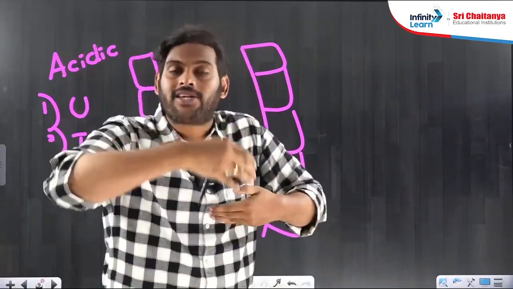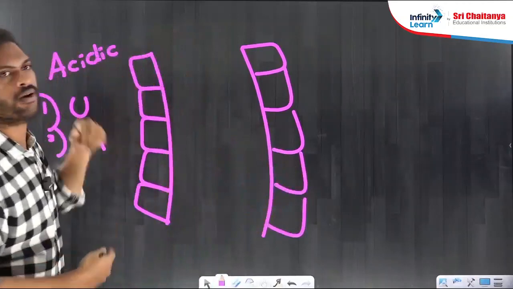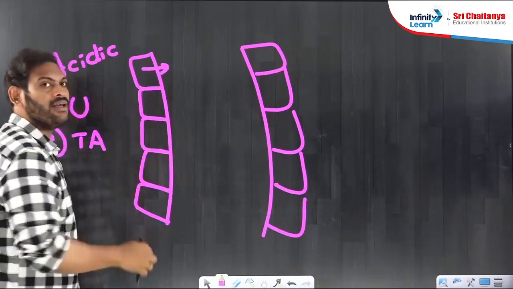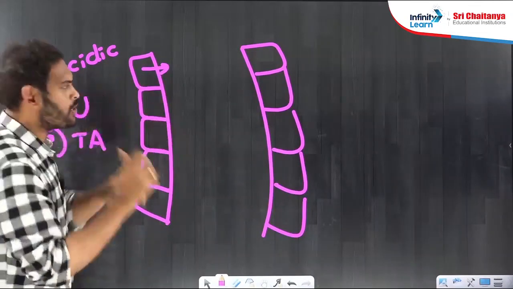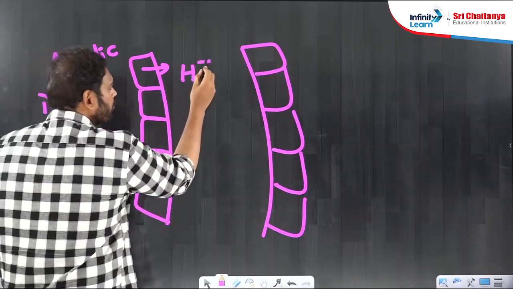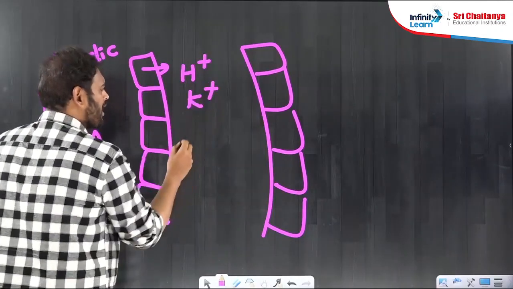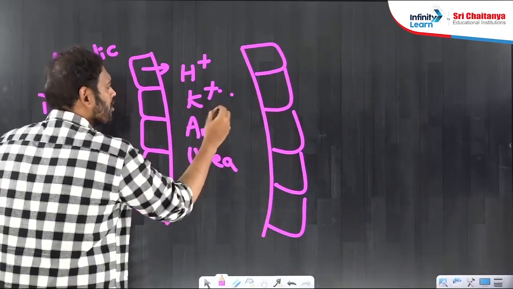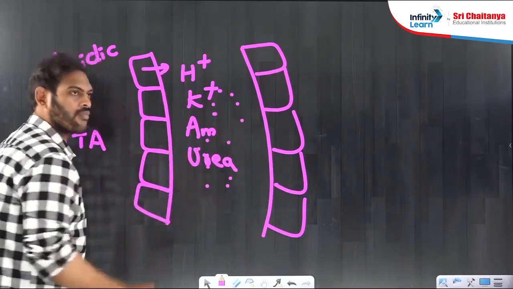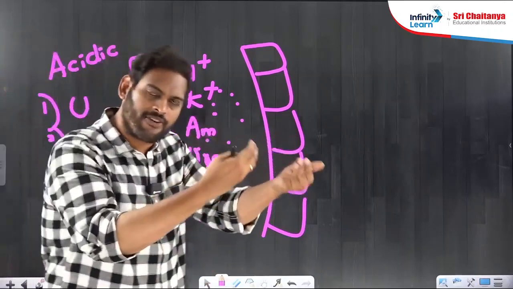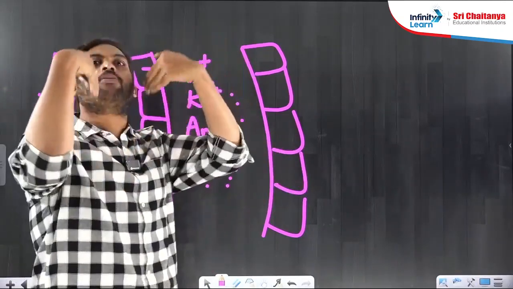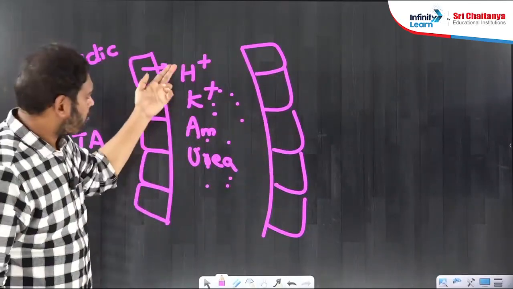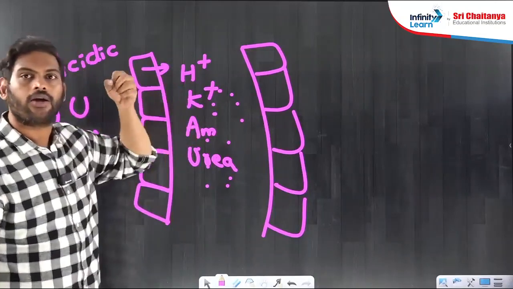Therefore, realizing they overdid their work, these cells of PCT and DCT will now push protons, potassium, excess ammonia, excess urea into this renal fluid. Yes, they absorbed everything, and from those absorbed things, they will again send back protons, potassium, ammonia, urea.